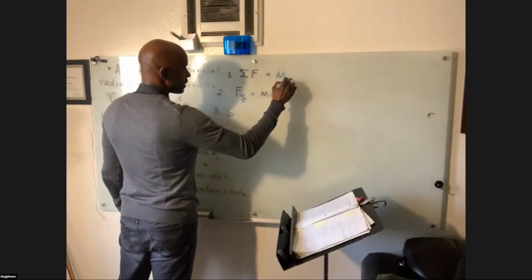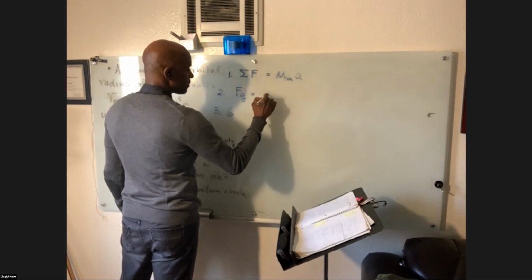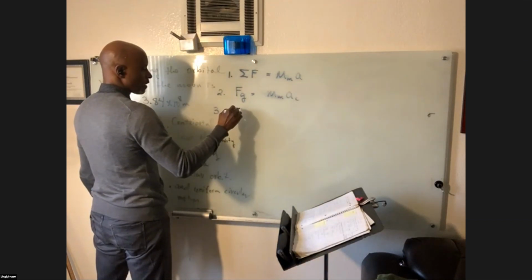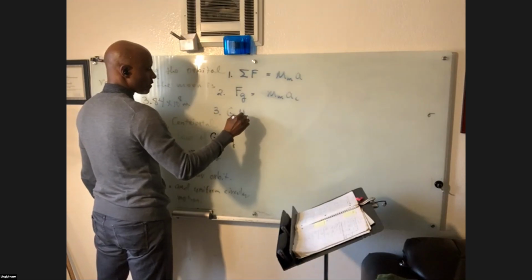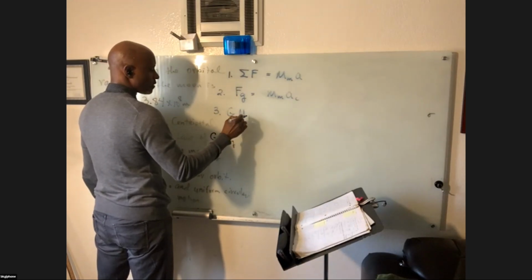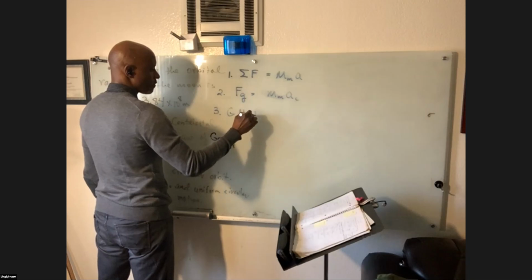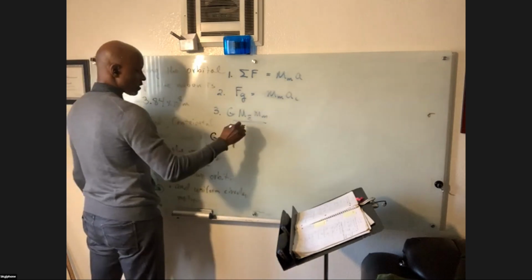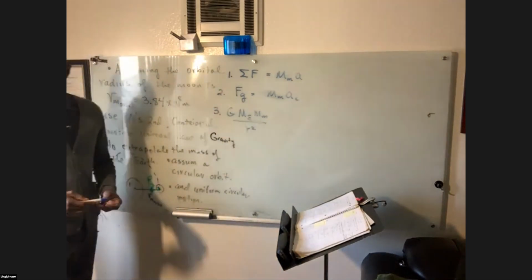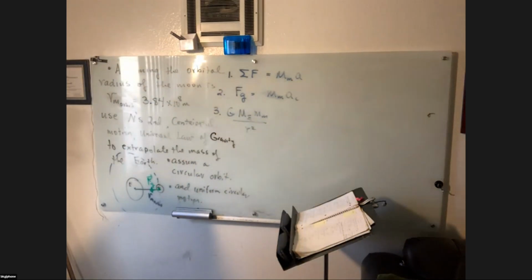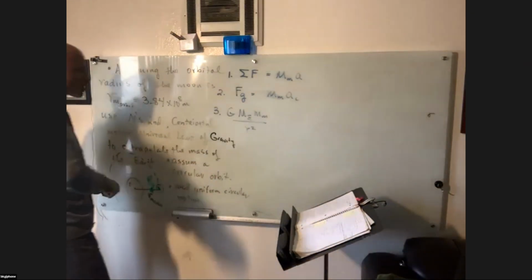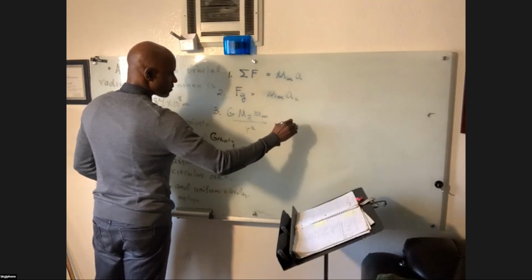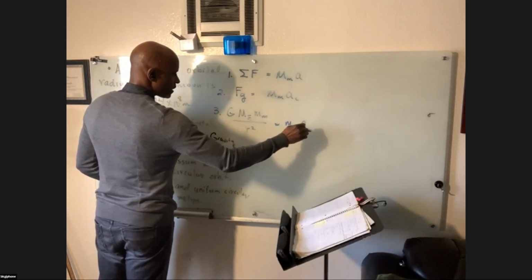So G, mass of the Earth and mass of the moon over this distance squared, r squared, equals mass of the moon times AC. Now, what did you do after that?